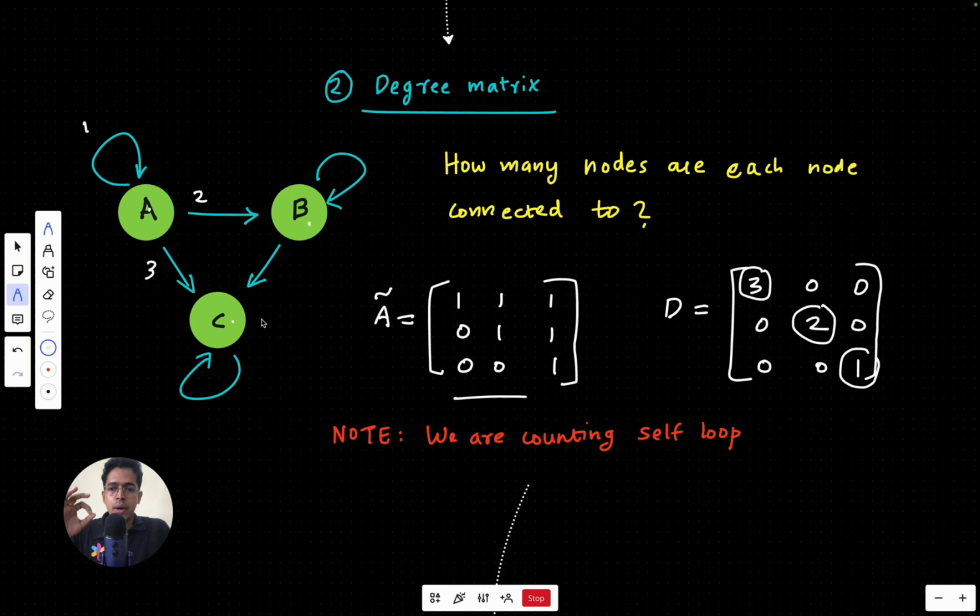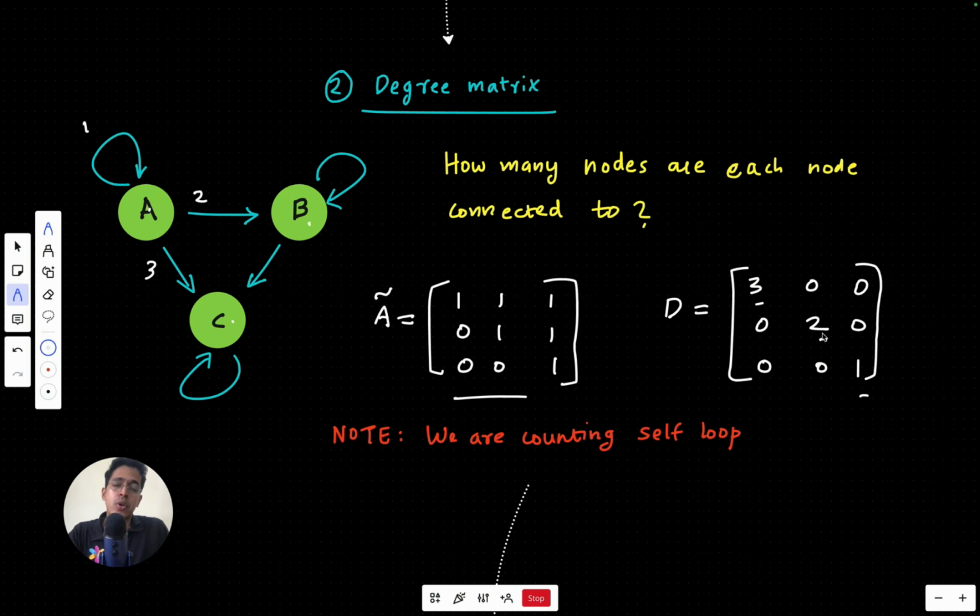C has no edges going outward, but it has one self loop or self connecting edge, which is this. So only that is counted in the degree matrix calculation. So the degree matrix being 3, 2, 1 means for node A, there are 3 connections going.